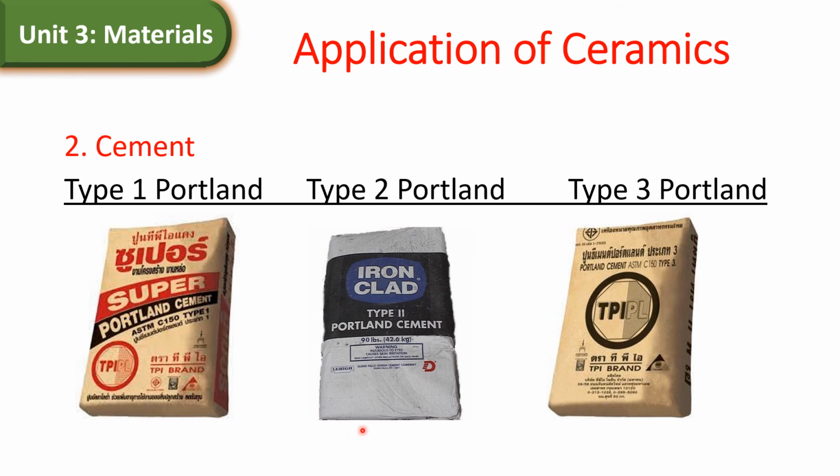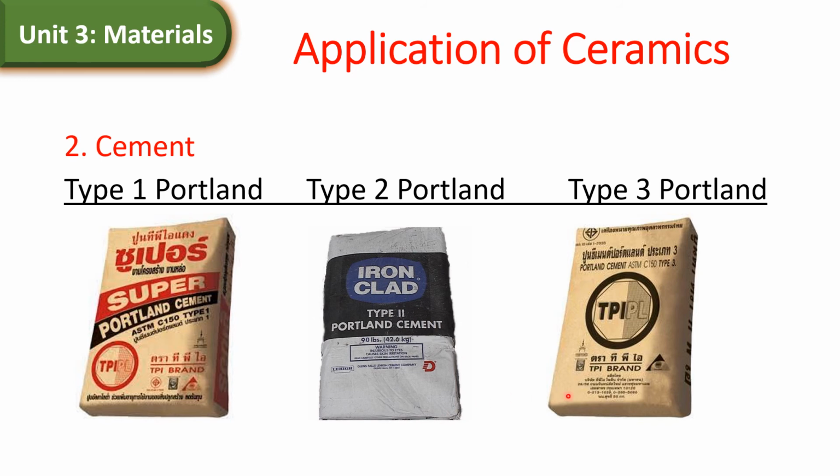For type 2, this is called your modified Portland cement, which has a good resistance to sulfate, and it's very good to build big structures such as your footings and your ports.